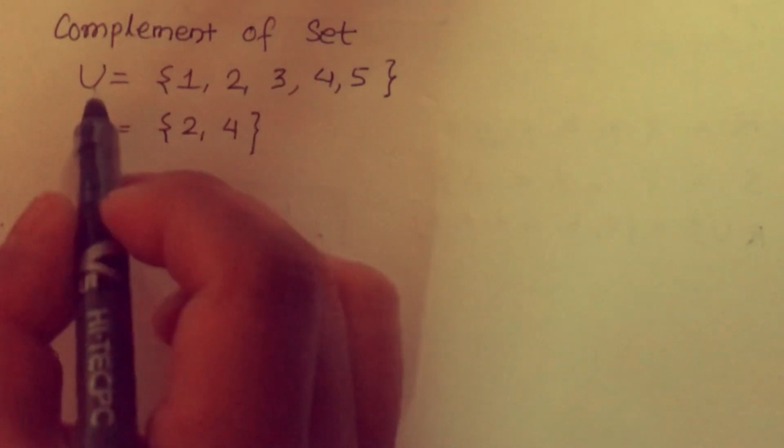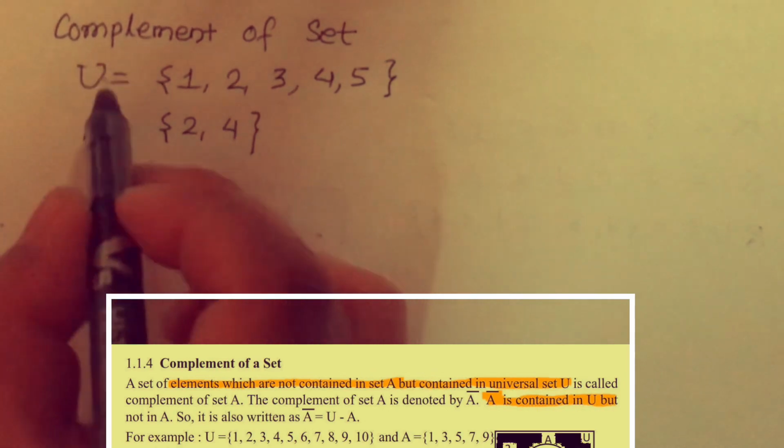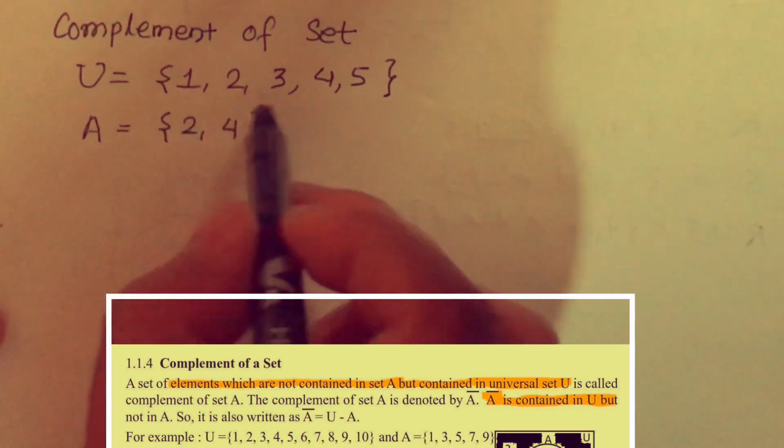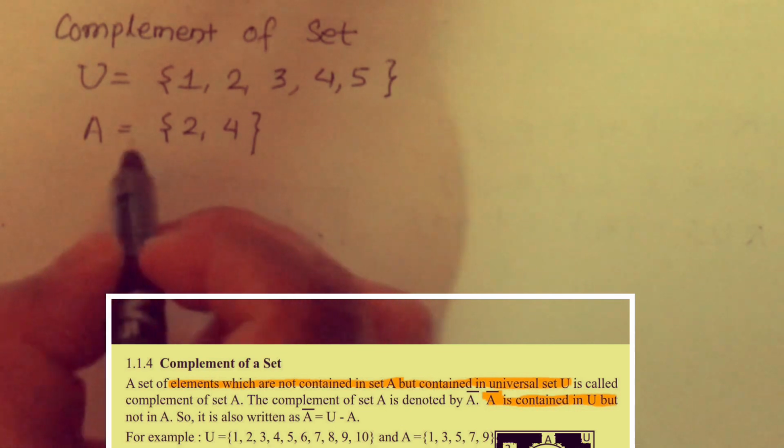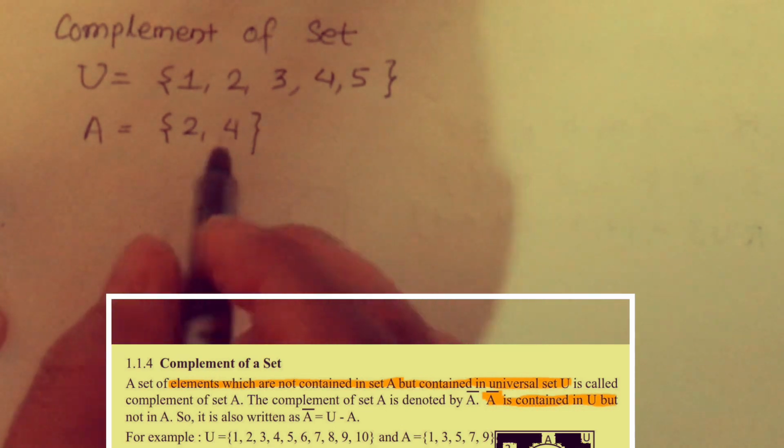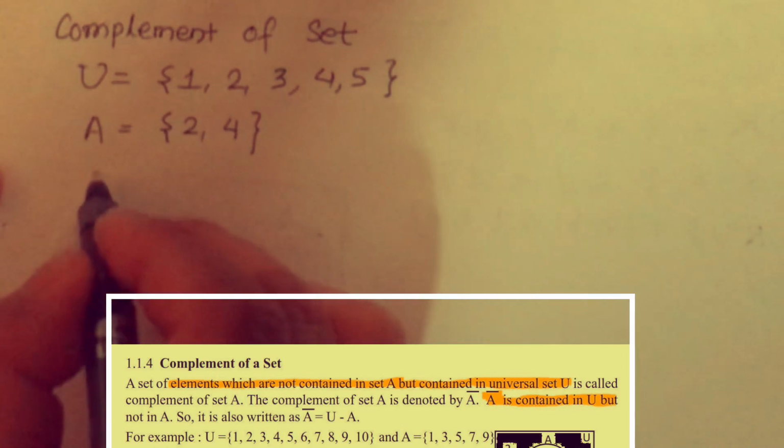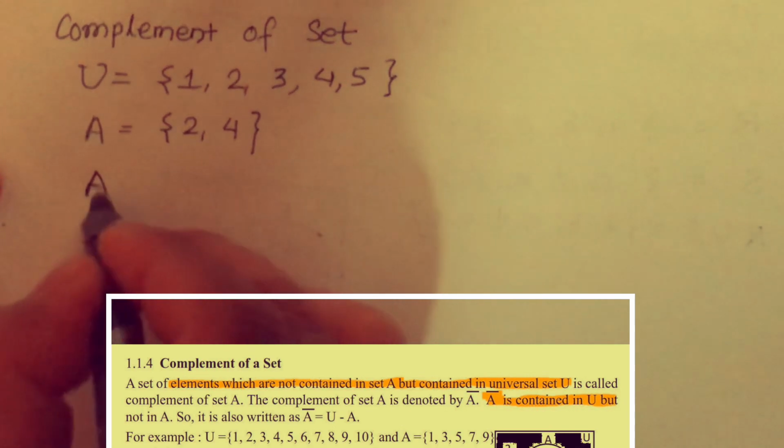Complement of a set. A universal set U contains 1, 2, 3, 4, 5 and set A contains 2, 4. Then the complement of the set is denoted by A bar.